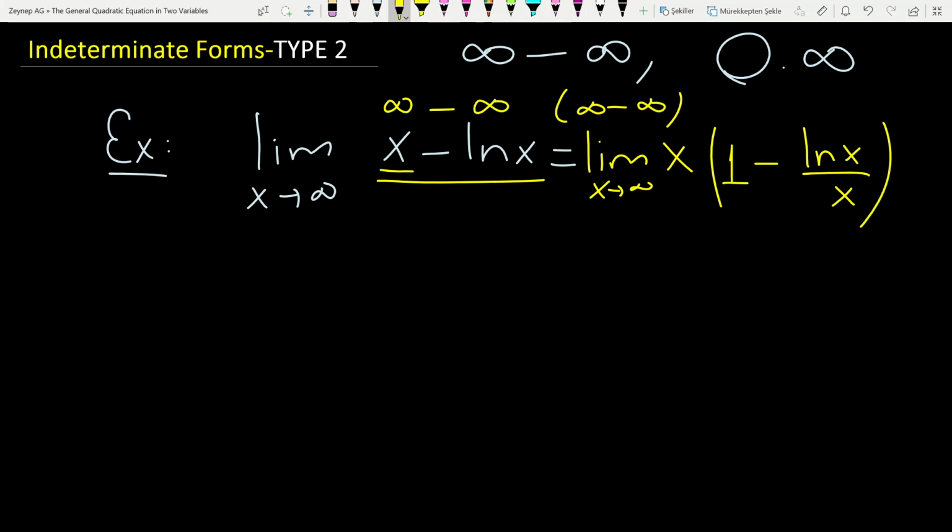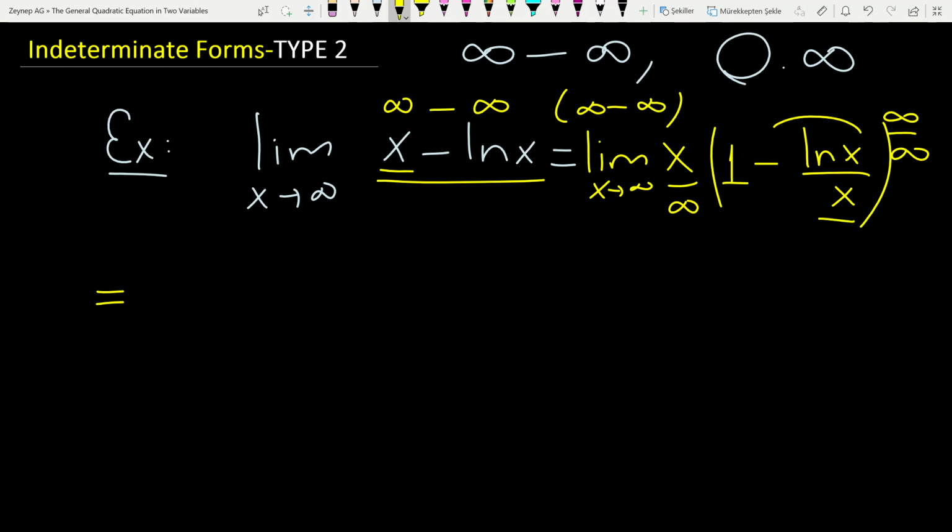So in this case, when x tends to infinity, this part of course is infinity, and you have 1 here, and you have infinity over infinity again. So for infinity over infinity, you can apply L'Hopital's rule.